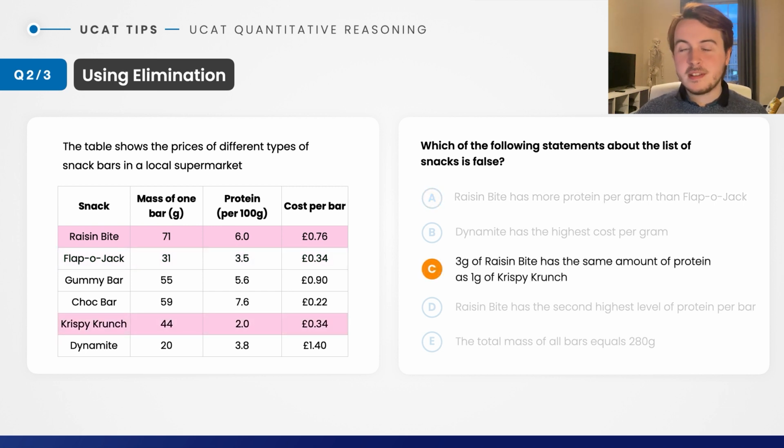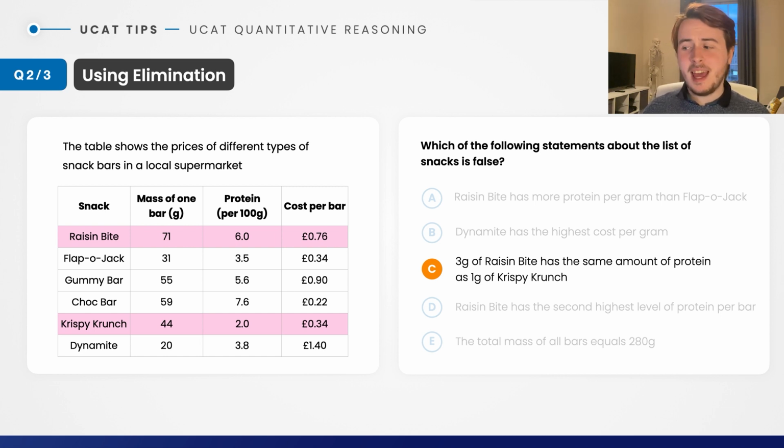So coming on to option C, we've got to think here about 3 grams of one thing equaling 1 gram of another. Now again, answering by just inspection, you can see that the Raisin Bite has 6 grams and Crispy Crunch has 2 grams. Not grams, sorry, protein.